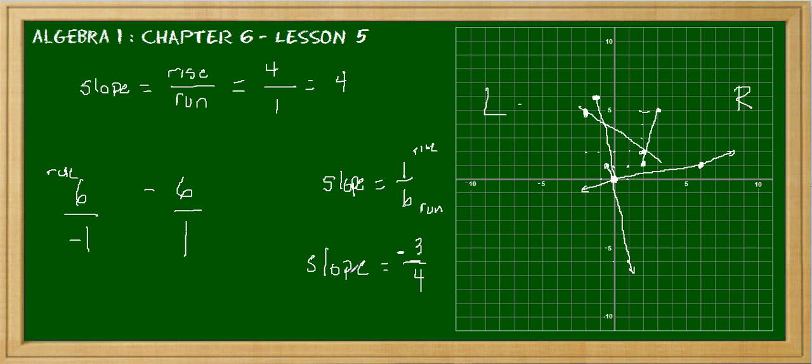Now, I did mention that we generally give our slope in decimals, and they've been given to us as fractions, which makes it so much easier. But if you would have told me I have a slope of -0.75, I would have had to convert this into a fraction. And this is the fraction. This is the simplest fraction.